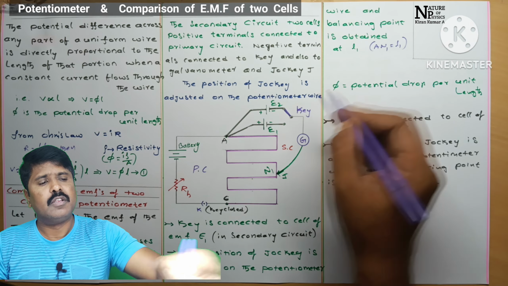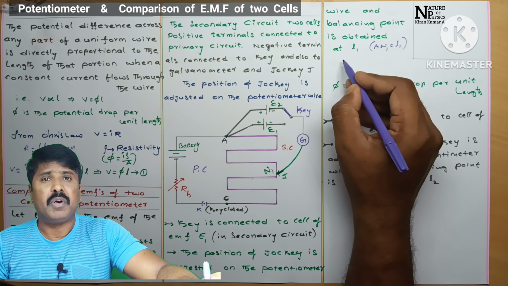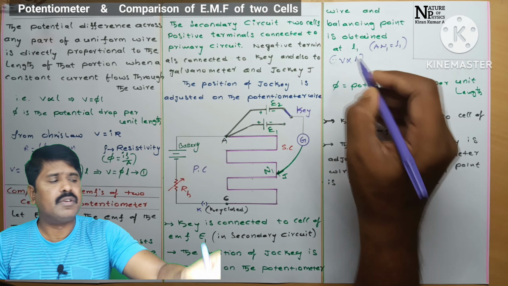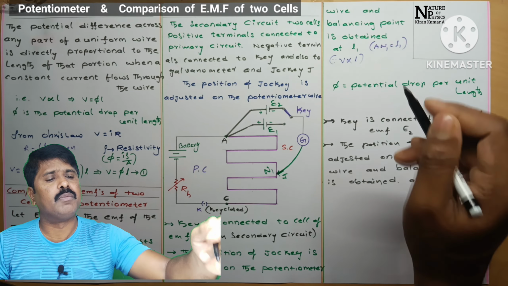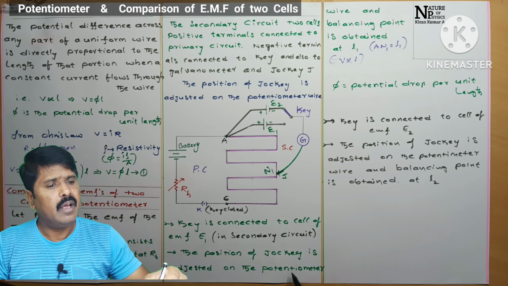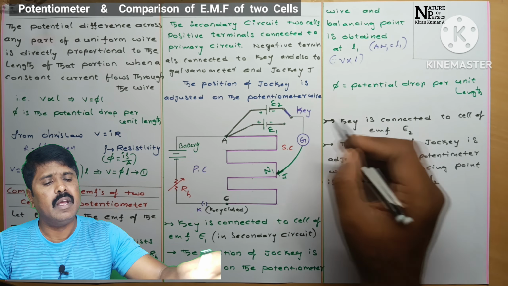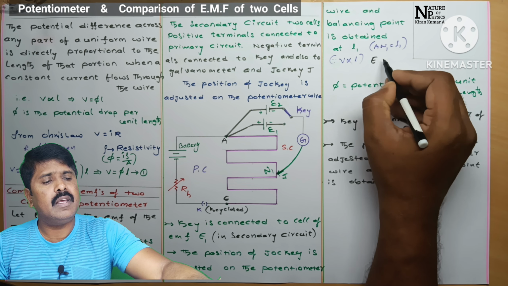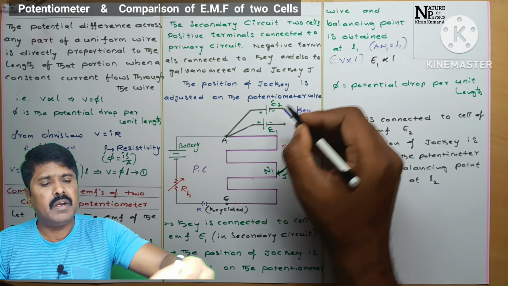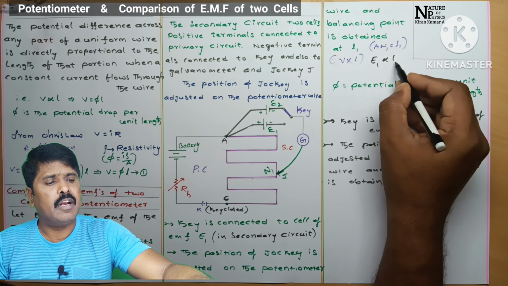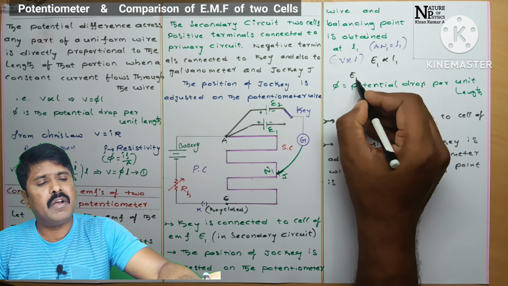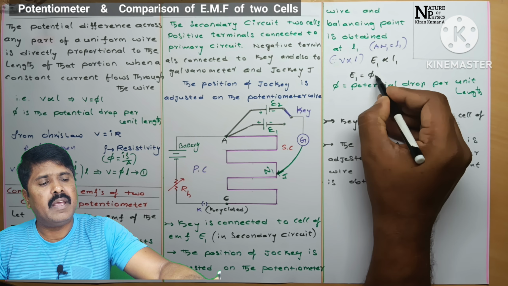We already have an idea of the potentiometer: the potential difference is directly proportional to the length of the wire. So for this condition I'm going to write here, a cell of EMF E1 we are considering, and the second is E2. E is directly proportional to L. For the first cell connected, E1 is directly proportional to the length L1, so I can write E1 equals phi L1.